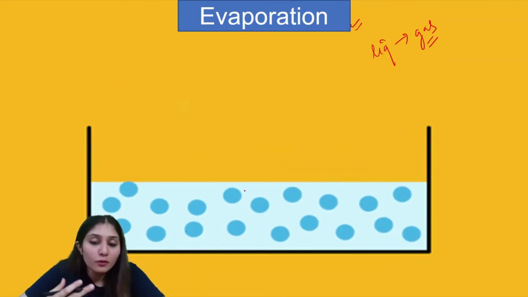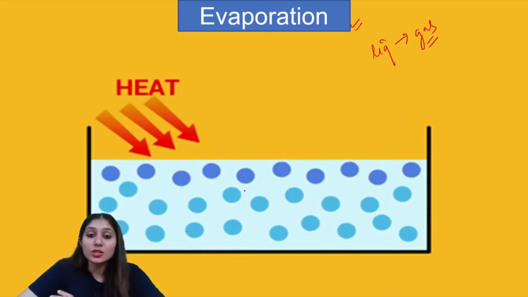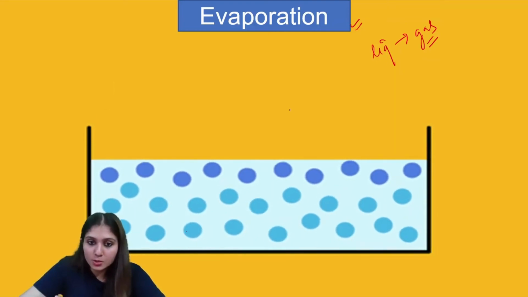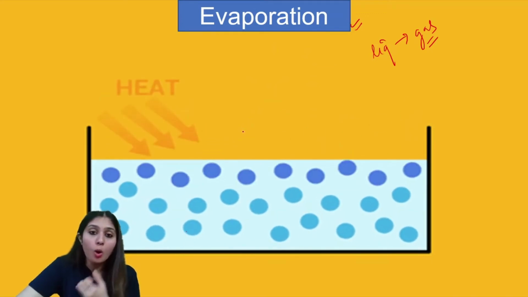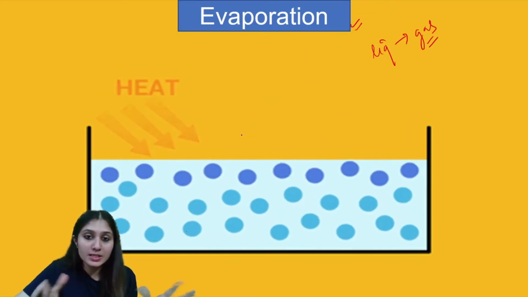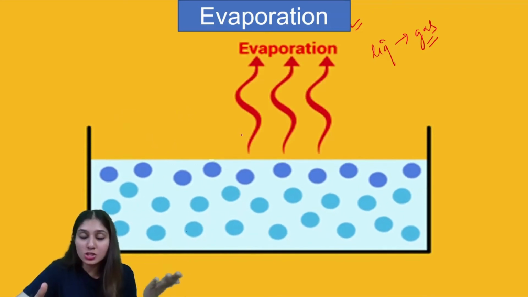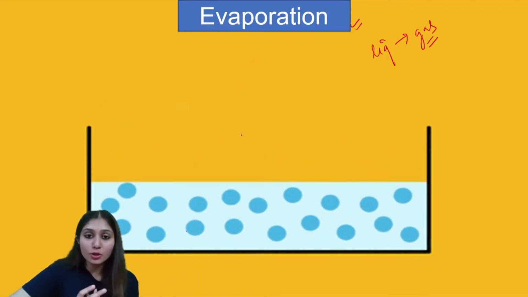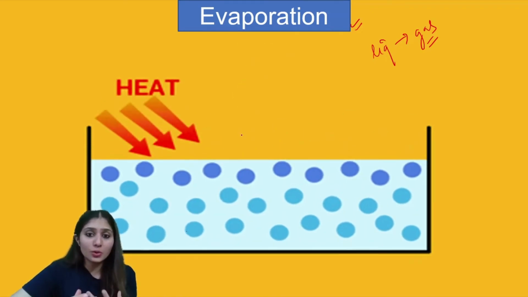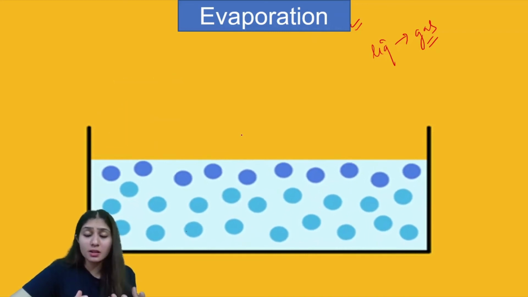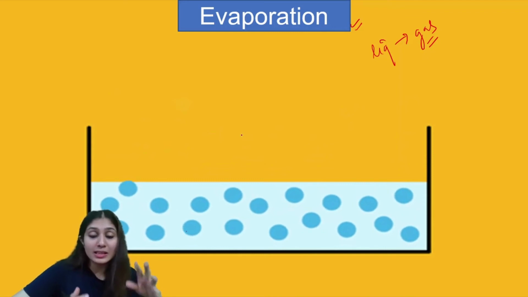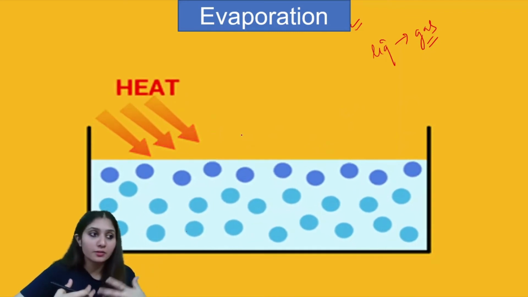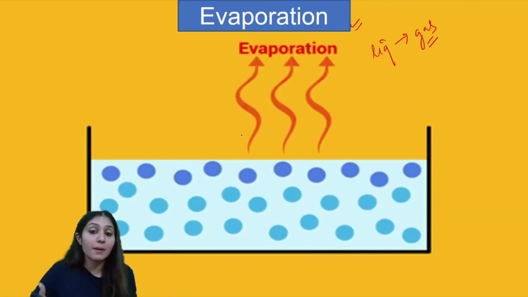If you very carefully notice, evaporation is a surface phenomenon. In the case of boiling, all the molecules, the bulk molecules, are heated and they convert into gaseous form. But in the case of evaporation, because we are not deliberately providing energy, only the molecules on the surface get enough energy from their surroundings, and they are evaporated.